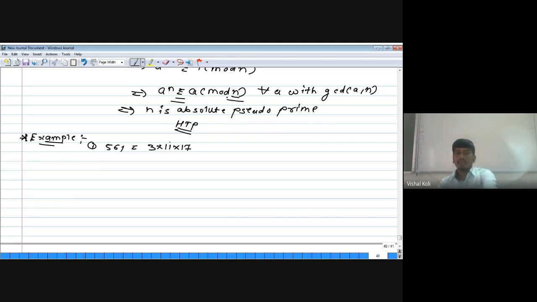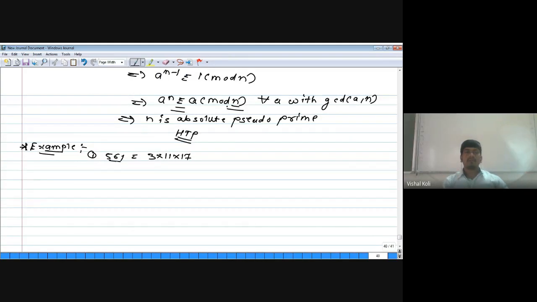Now, to check whether 561 is an absolute pseudoprime or not, we just have to check whether p_i minus 1 divides n minus 1 for all i running from 1 to r or not. If p_i minus 1 divides n minus 1 for each i, and n is a square free integer, then the corresponding n is an absolute pseudoprime. Here there are only 3 primes, 3, 11 and 17.